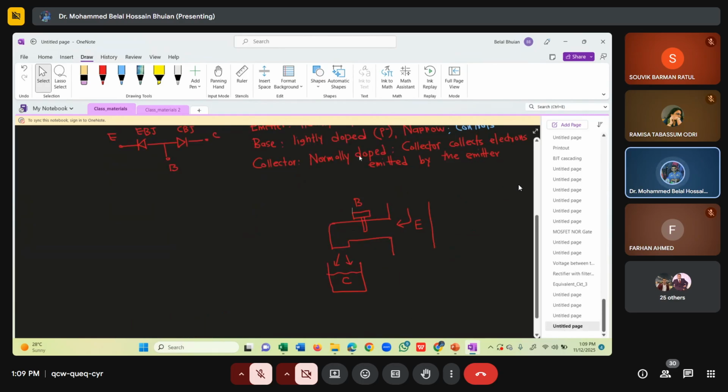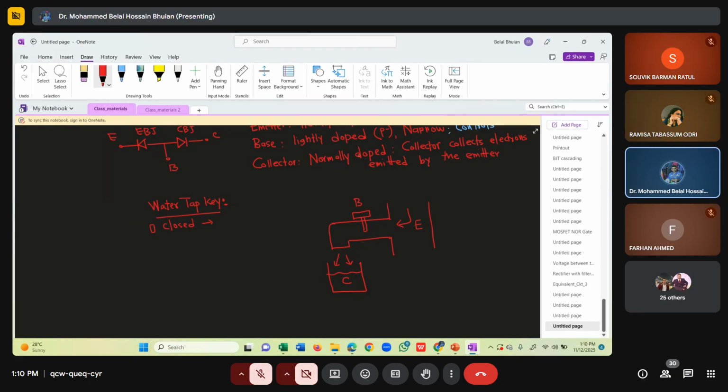So if you use the water tap analogy, the water key closed is as if there is high resistance. There is no current, no electron flow, so high resistance.